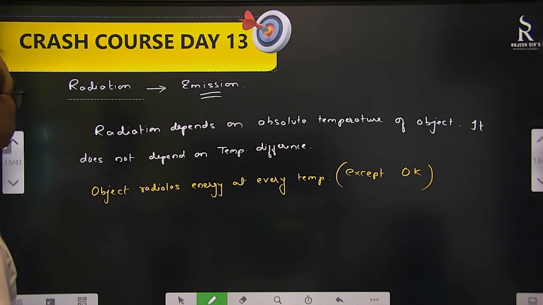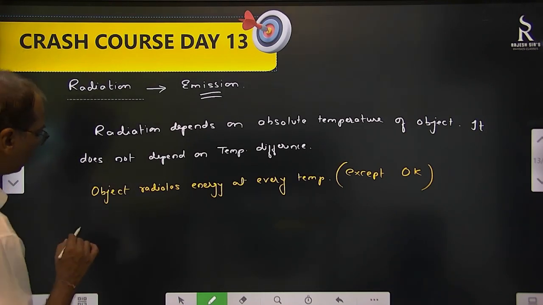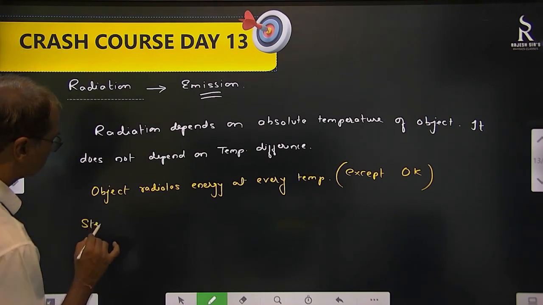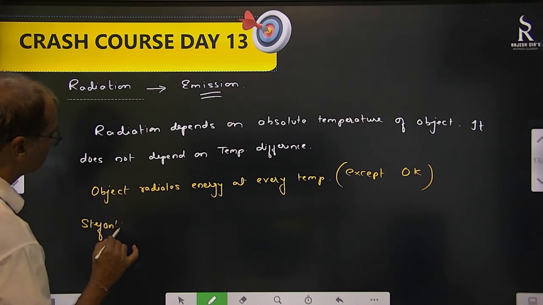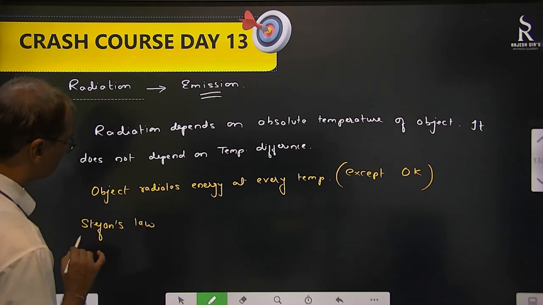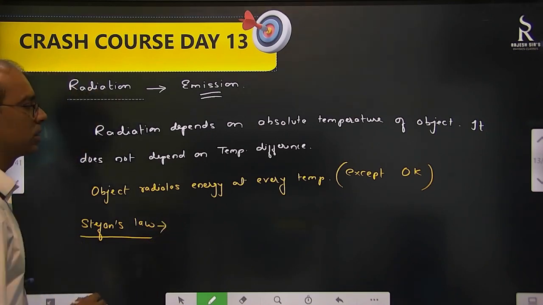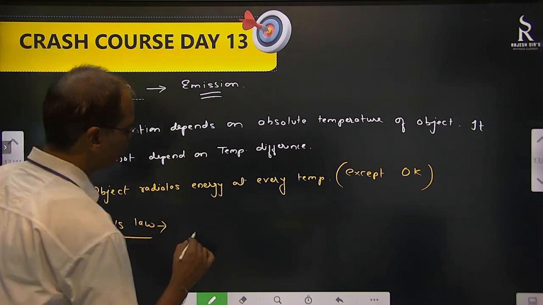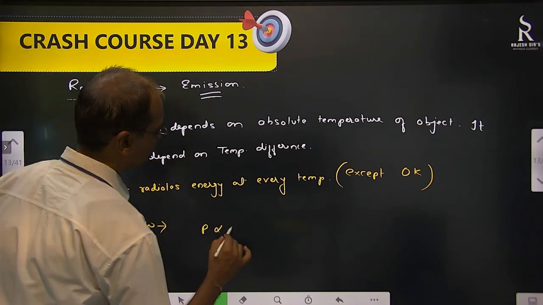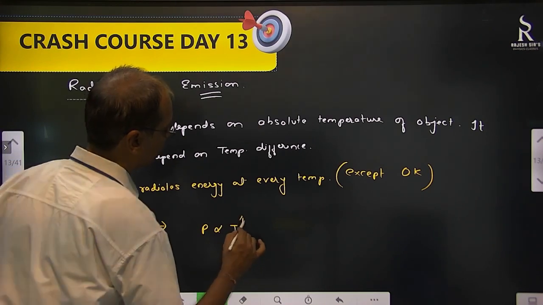Power emitted is given to us by Stefan's law. Now what is Stefan's law? Stefan's law says that power emitted by a body is directly proportional to the fourth power of its absolute temperature.